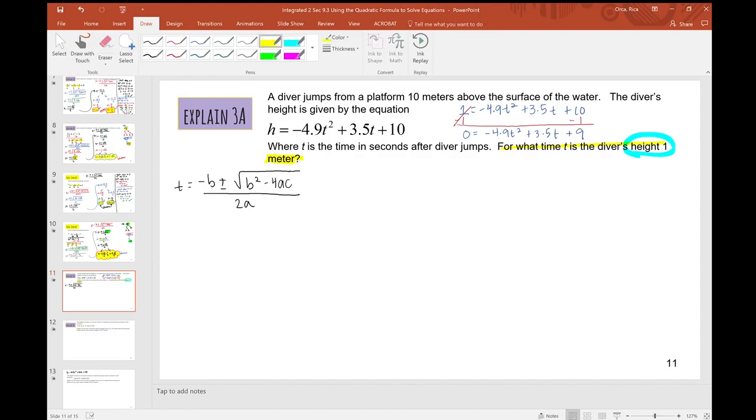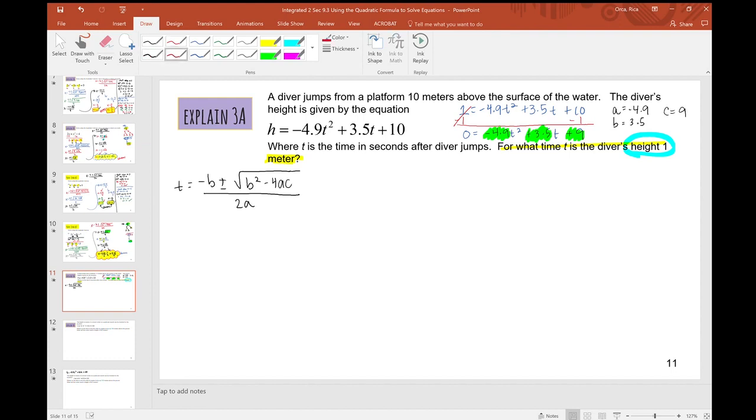So class, now we need to identify a, b, and c. a is negative 4.9, b is 3.5, and c is 9.